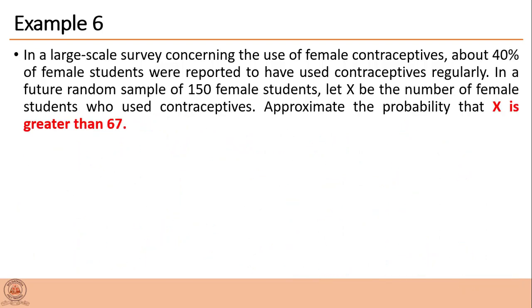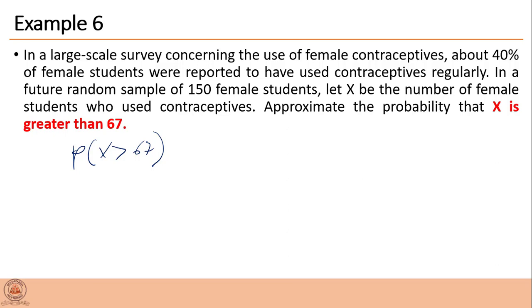The last but not the least is to approximate the probability that x is greater than 67. So we have x greater than 67. Now let's note that here 67 is not included in the range.